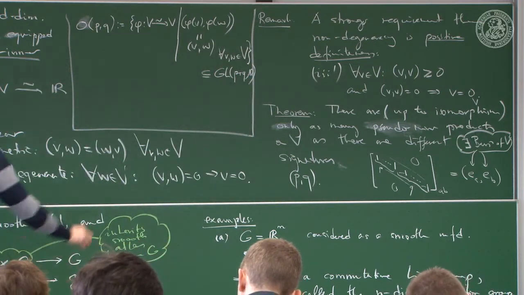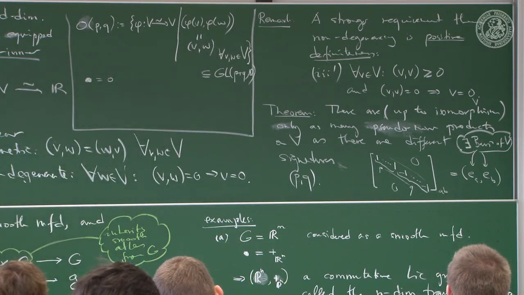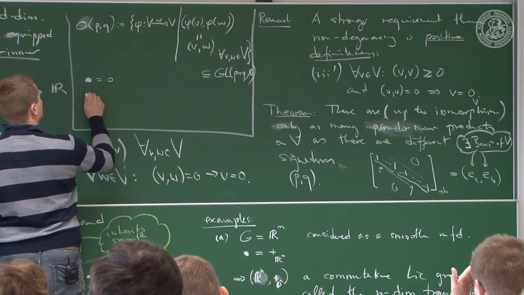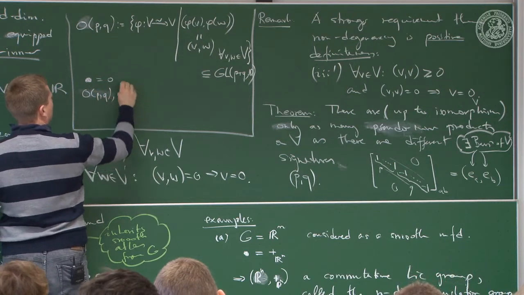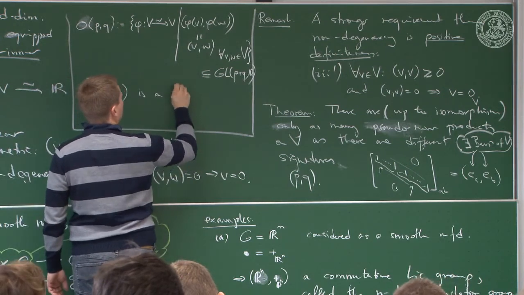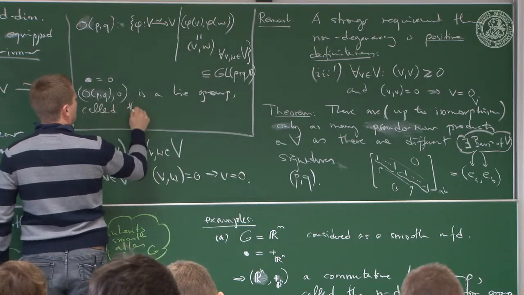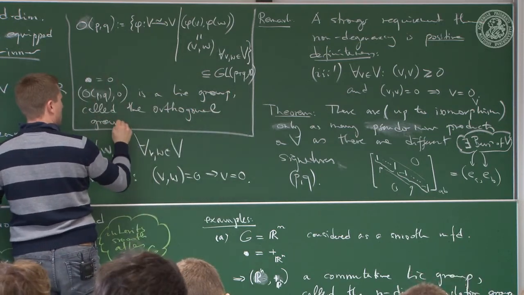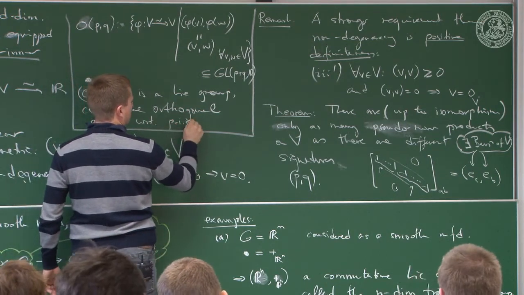So again, the inherited group operation is the composition of such maps, and this is a generically non-commutative Lie group called the orthogonal group with respect to the pseudo inner product.